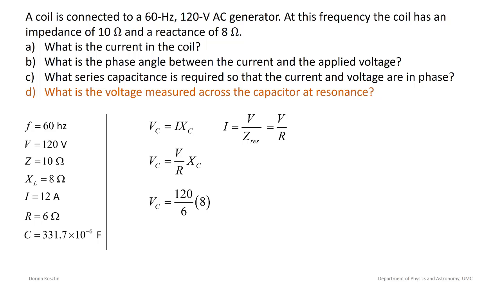Don't forget, at resonance, the capacitive reactance XC equals the inductive reactance XL. So both of them have the same value of 8 ohms. And we obtain a value of 160 volts for the voltage measured across the capacitor at resonance.